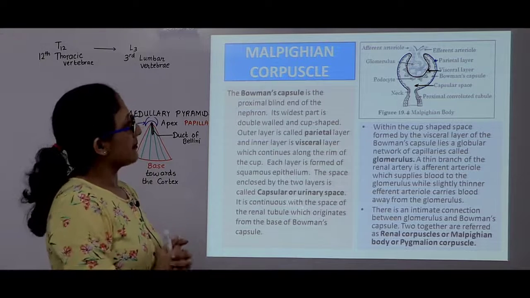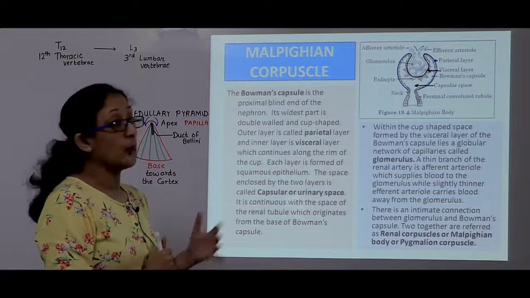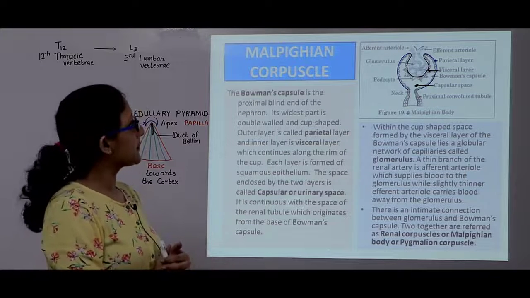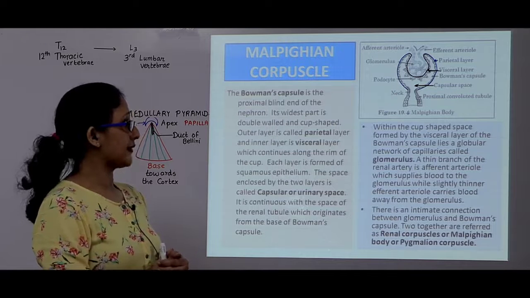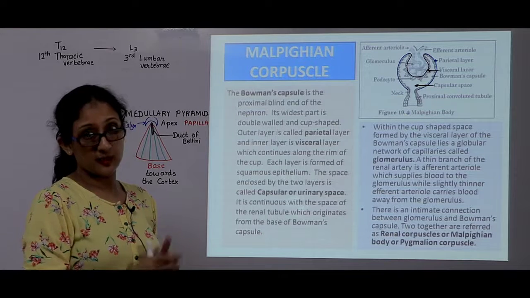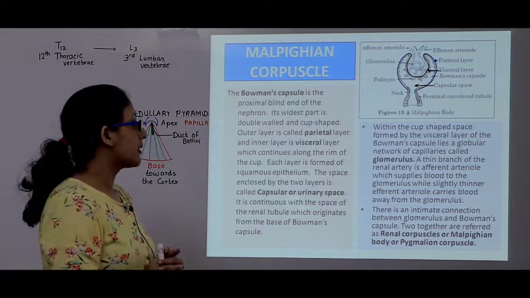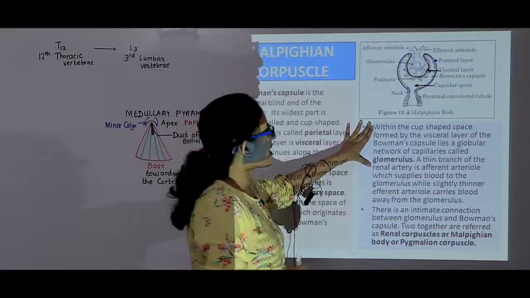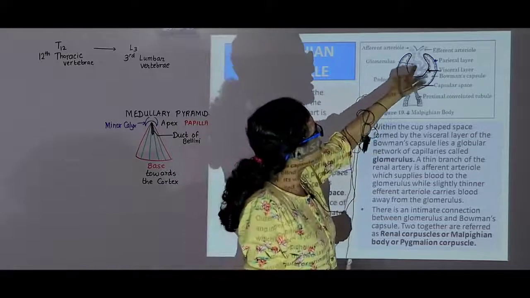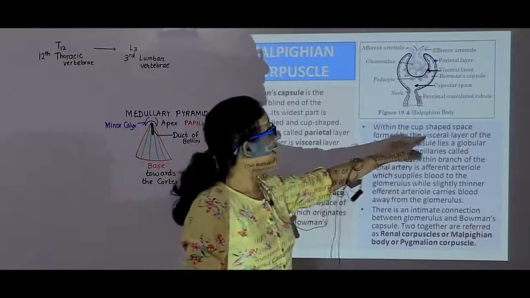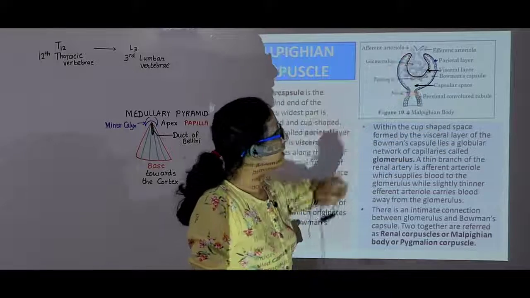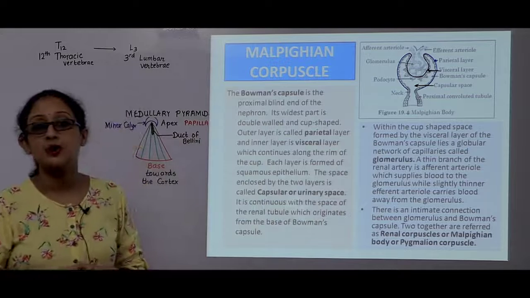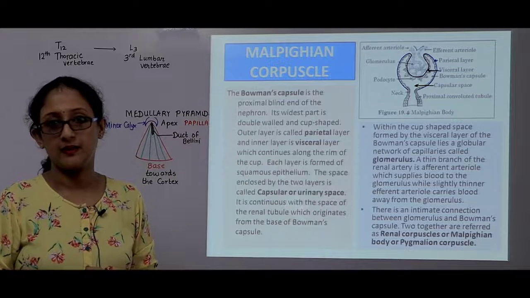Now see the next part. What about the glomerulus? The glomerulus consists of two blood vessels which are very prominent. So between the cup shaped space, so this is the cup shaped depression formed by the visceral layer, the black line, lies a network of blood capillaries called the glomerulus.